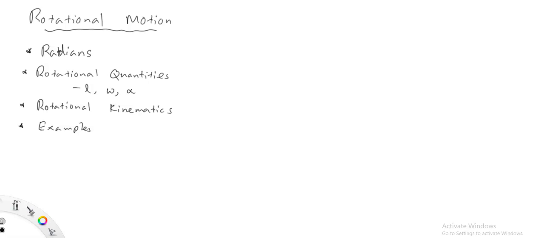So all these examples we did, like pushing a box across the floor or a vehicle moving along the road, the entire object is going in the same direction and has the same speed. That's translational motion. If something is rotating around a fixed axis, that is called rotational motion.